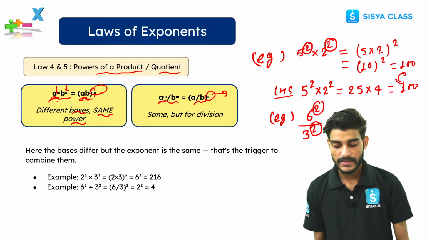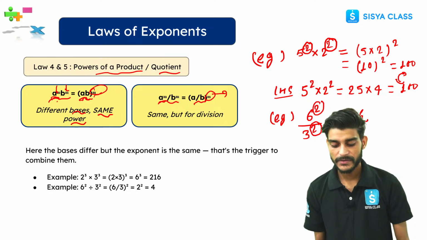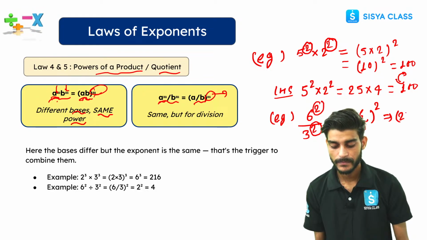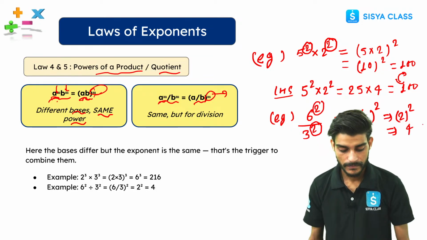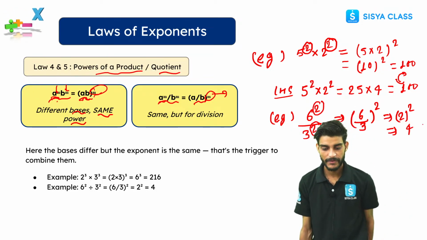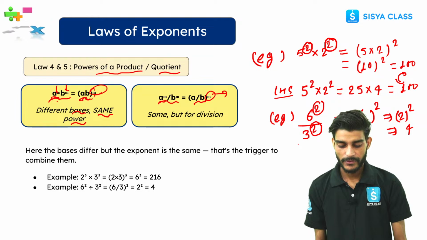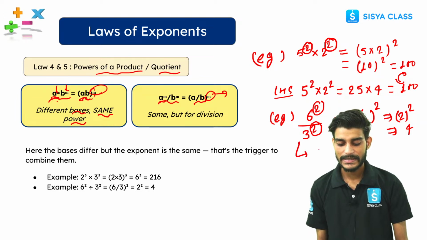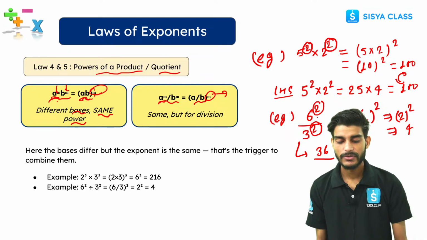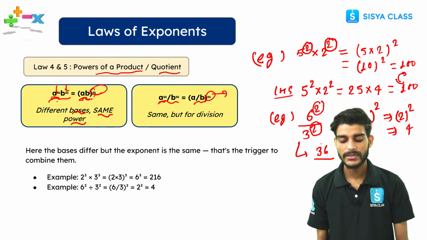So just divide the numbers first: 6 upon 3, and take the power common. 6 upon 3 is 2. 2 to the power 2 is 4. Is this correct? Obviously this is correct. Now if you find them individually, let's verify it. 6 square is 36 and 3 square is 9.